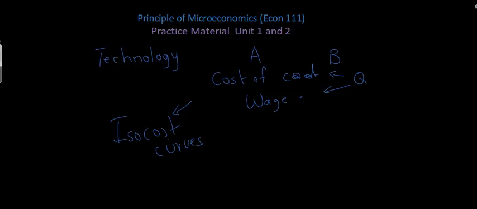We have studied them before as well, and we have to remember that the iso-cost curves are very important, and the concept of this diagram in which you have to choose which technology is better.